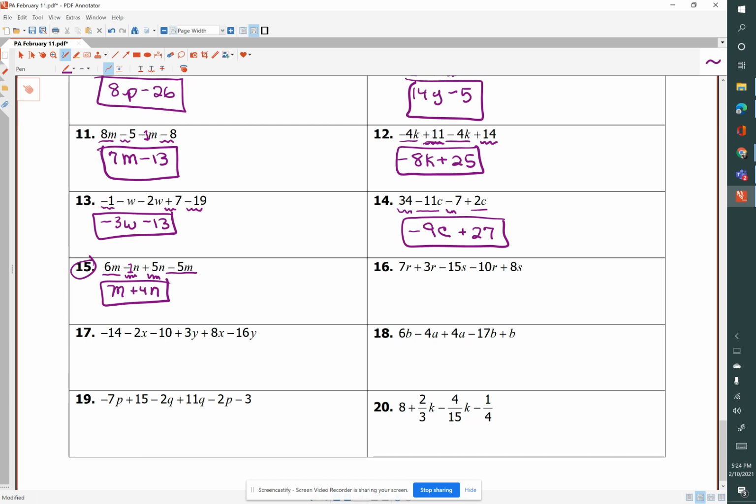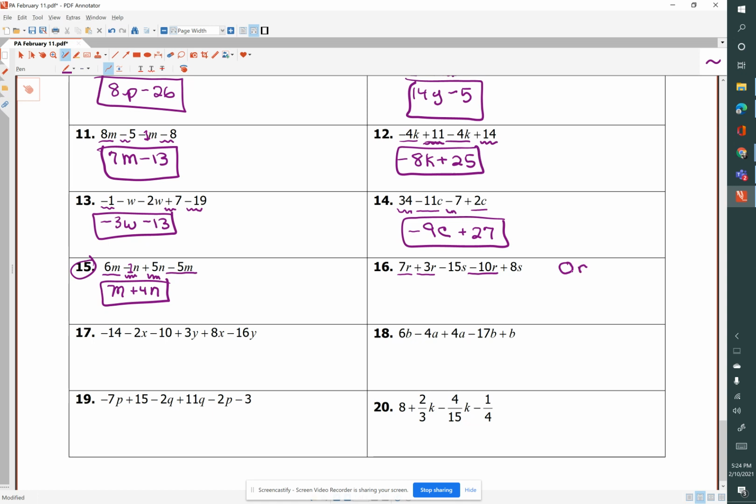Number 16, we have 7r plus 3r minus 15s minus 10r plus 8s. So let's go through this. Let's start with the r's. We have 7 plus 3, that's 10r, minus 10r, that gives us 0r.